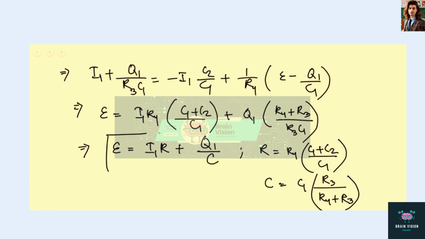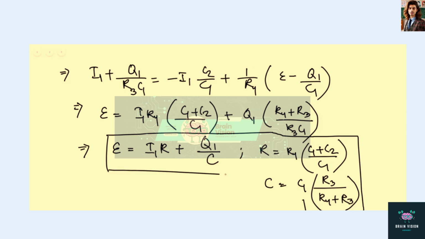Let me keep this whole thing inside a box. This final equation represents a simple RC circuit with time constant tau equal to RC.